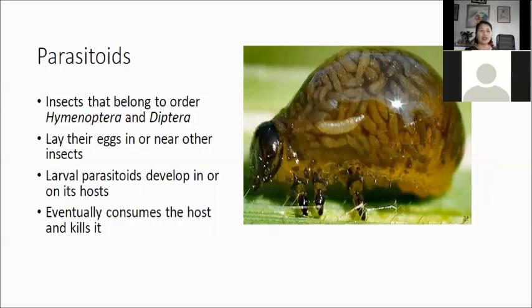Parasitoids are insects that belong to the order Hymenoptera or Diptera. They lay their eggs in or near other insects, like in our picture. Larval parasitoids develop in or on their hosts, and eventually consume the host and kill it.